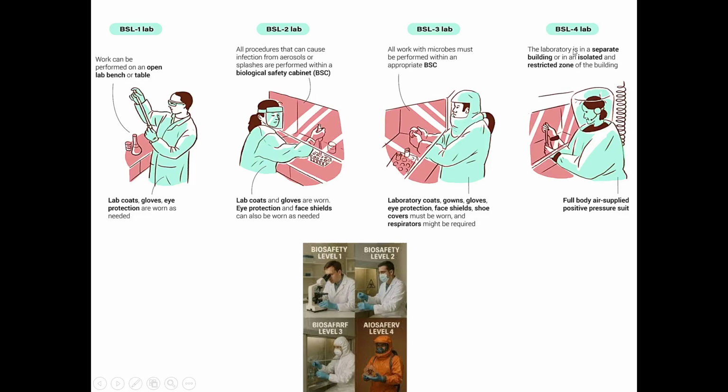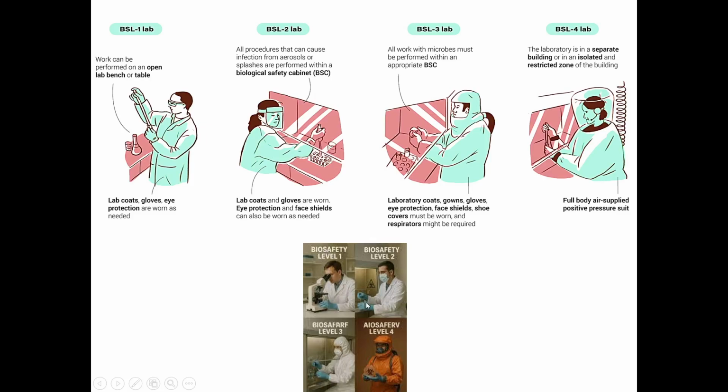And BSL-4, since it is the highest, has a separate building or is isolated, and it's present in a restricted zone, and full body air-supplied positive pressure suits are worn here, so that in no way is there a leak of air, and there might not be any sort of infection taken up during exposure.